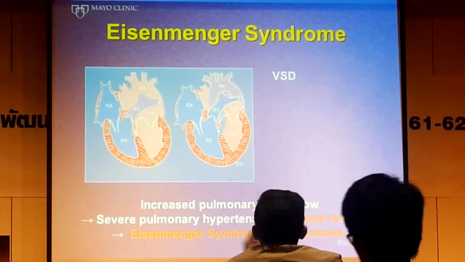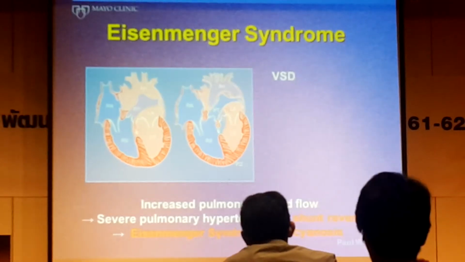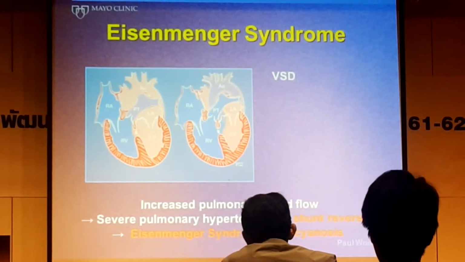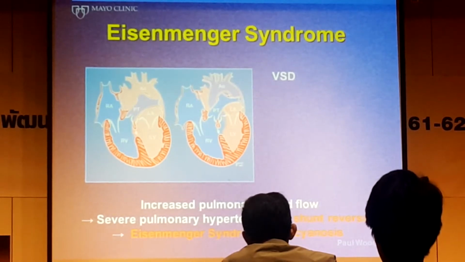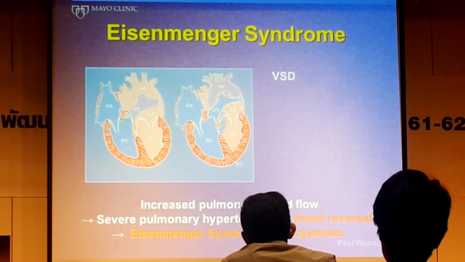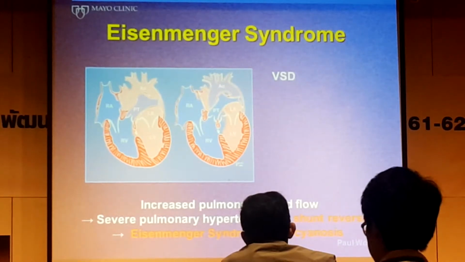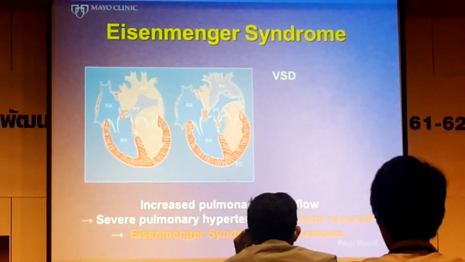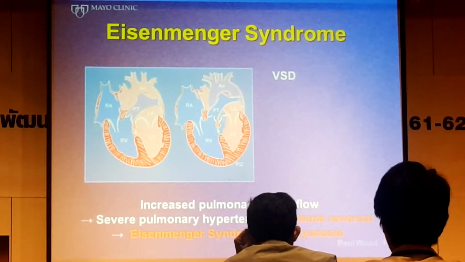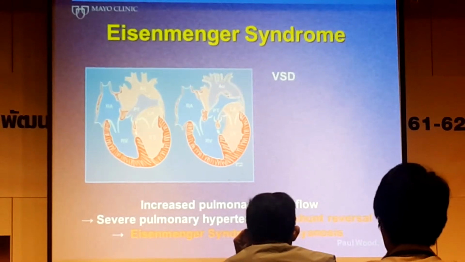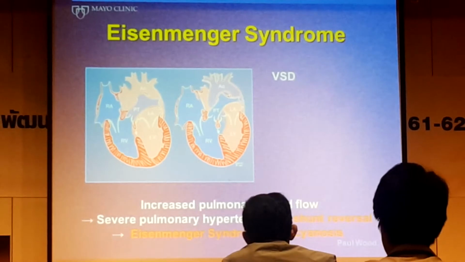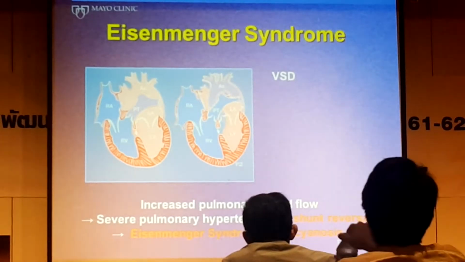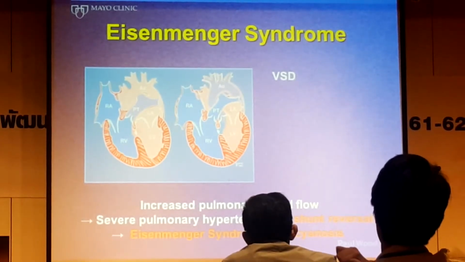So Eisenmenger syndrome is most commonly caused by ventricular septal defect, in which the VSD is large enough to cause a significant left-right shunt that nobody detected or nobody closes. Progressively, with the volume overload of the left ventricle and pulmonary blood flow, they develop pulmonary hypertension that becomes irreversible, with pulmonary vascular obstructive disease.